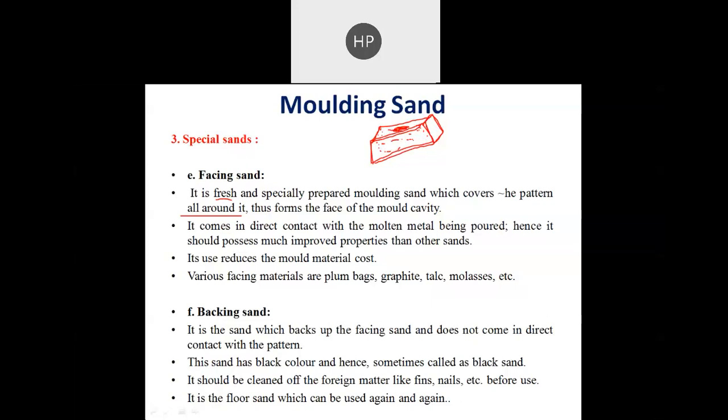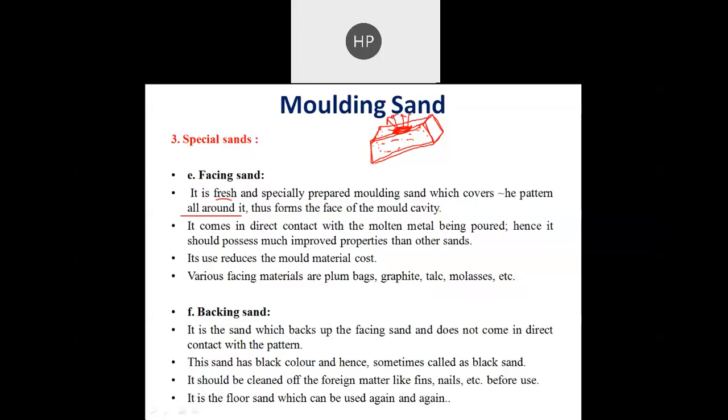Why? Because the pattern should be easily removed. Now if we do not use the facing sand, then the pattern is also going to stick very hard to the sand, so the removal of the pattern is very difficult.